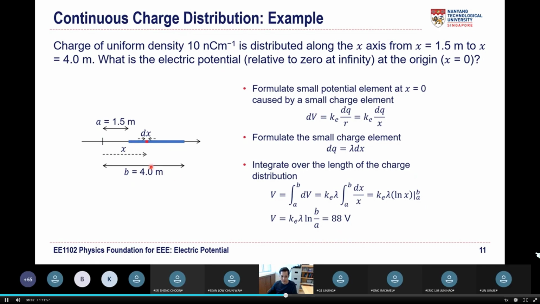So with this continuous charge distribution, the electric potential at the origin is going to be 88 volts.